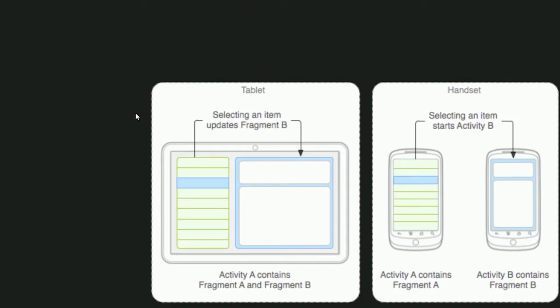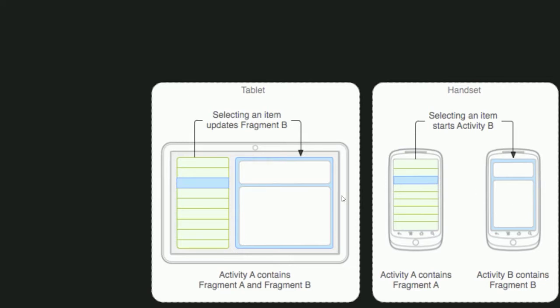Our plan is to build our list of elements along here, and when you click one of these items, it's going to do one of two things. It's either going to load the data into a new fragment here, or else it's going to load the data into a new activity that contains the fragment. So that's what we're going to be building in this tutorial as well.